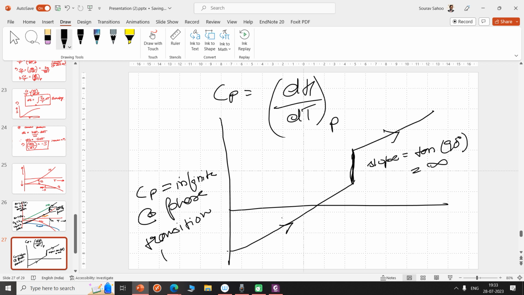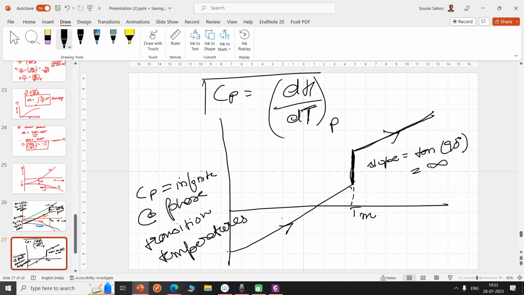And this happens because, if you think philosophically, at the phase transition temperature, in this case the melting temperature, my material will keep on absorbing heat, and it will not allow the temperature of the system to increase. The whole purpose of specific heat is to calculate the amount of heat required to increase the temperature of the system by unit quantity. But all of my heat is not going to the increase in temperature, but rather it is going into the phase transformation.